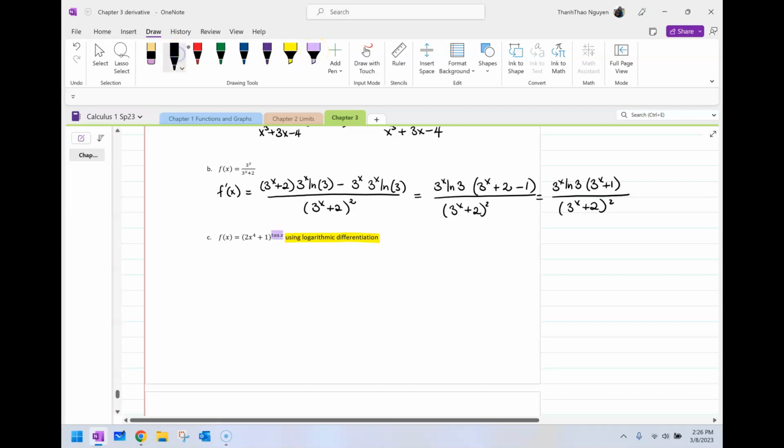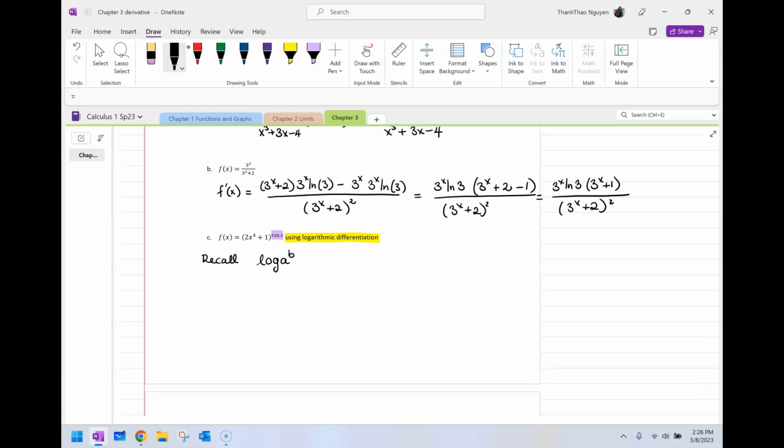So recall, log of a to the exponent b is equivalent to saying b times log of a. Same with ln, ln of a to the b is equal to b times ln of a.